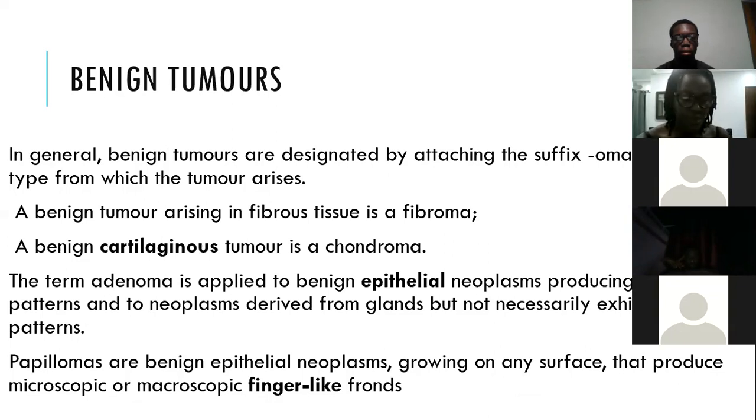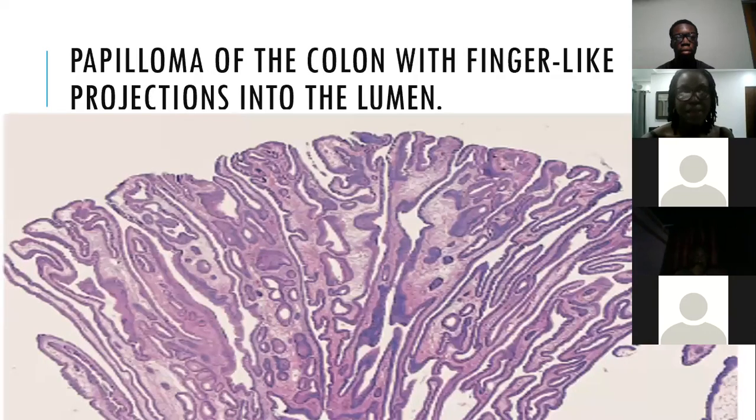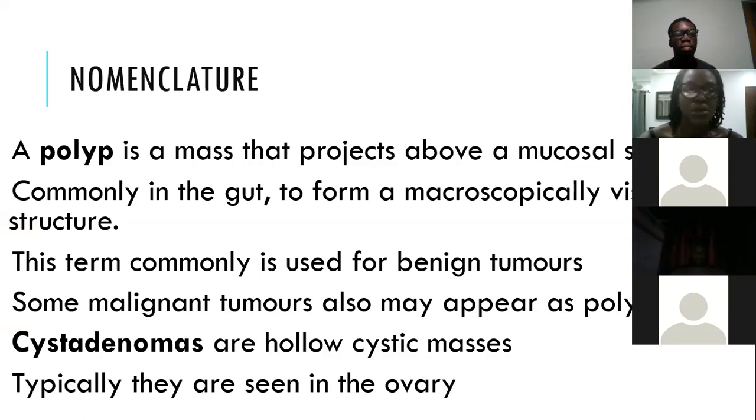If it is from epithelial tissue, it will be called an adenoma. Generally, if you see that OMA, it usually tells you that it is benign. So this is a papilloma, a growth of finger-like projections from the colon. A polyp is a mass that projects from a mucosal surface.